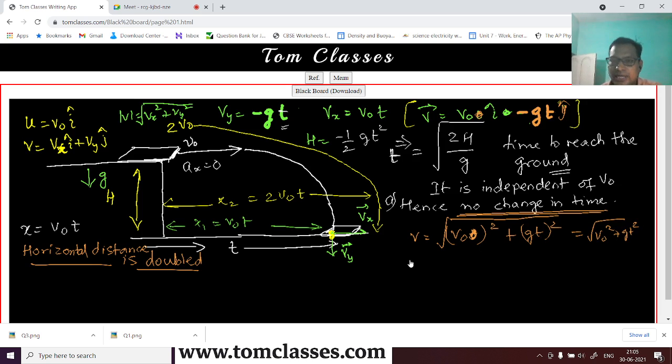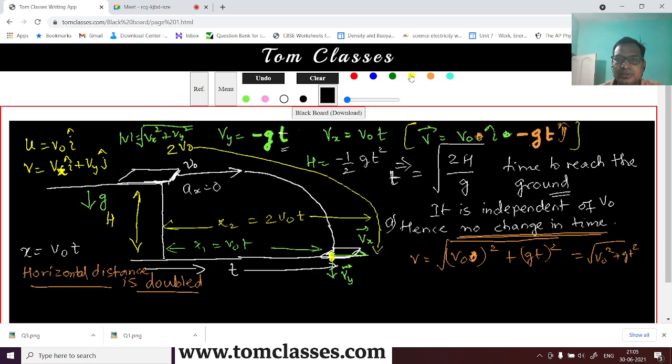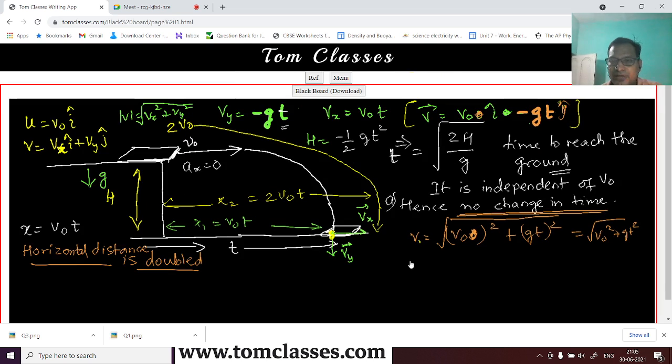In the first case this is v1, and in the second case it is v2. This component is only changing, right? So you can say 2 v naught square plus gt square, and this is going to be 4 times. So it is going to change.